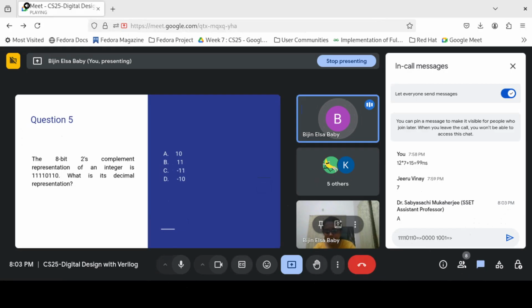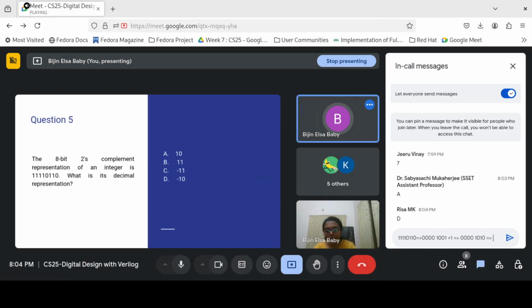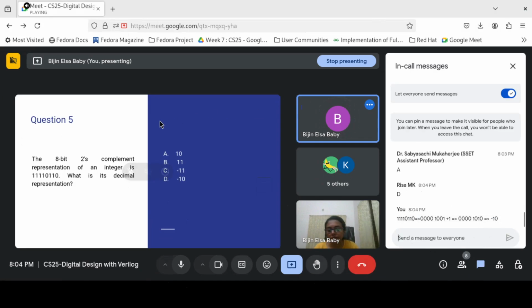Then you need to add 1. So it will be minus 10. Now option A is the right answer.